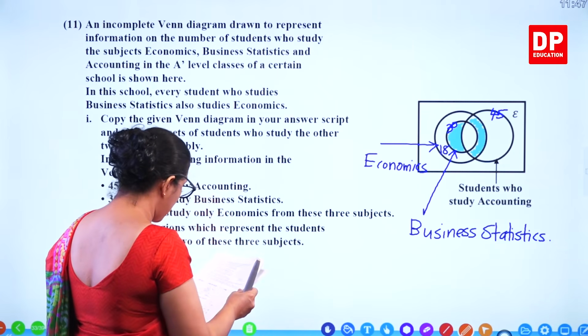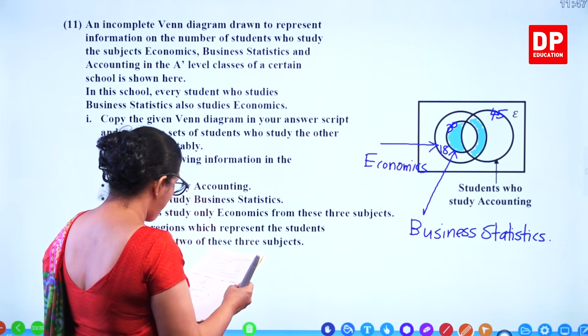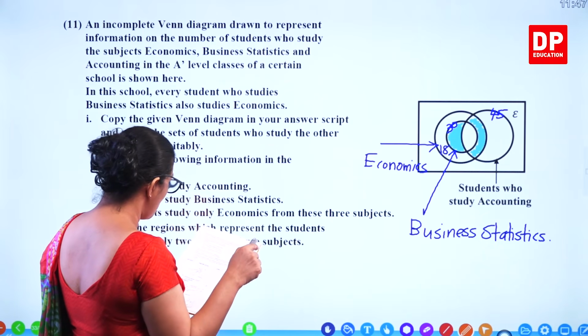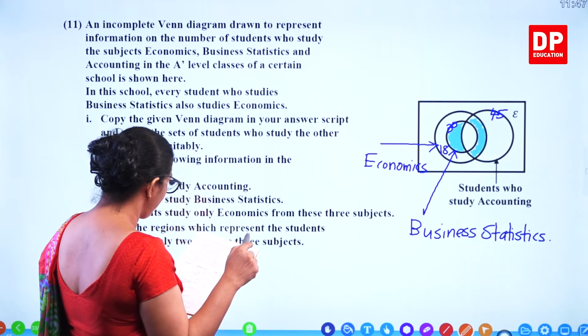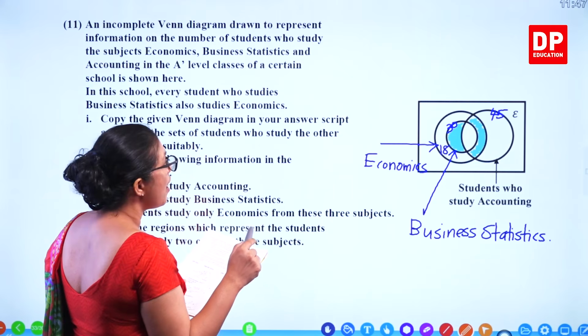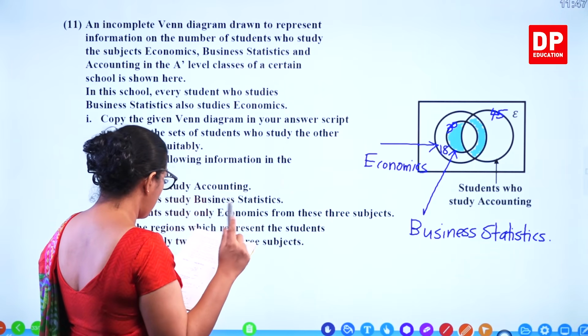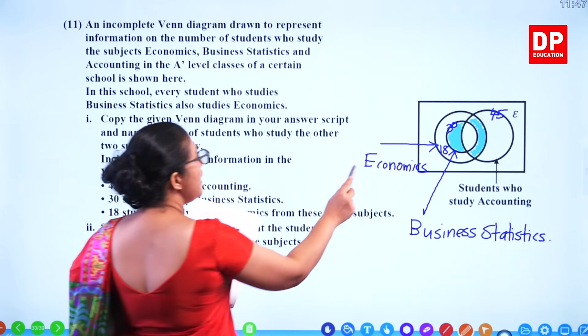So you are getting marks for marking these values, marking 45, 30, 18 and the other labeling.